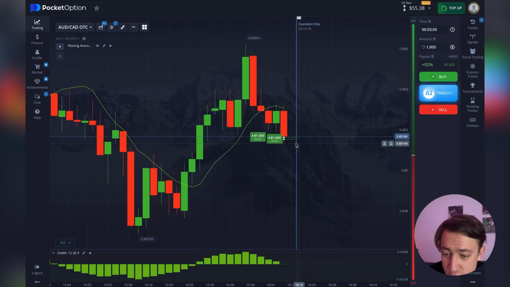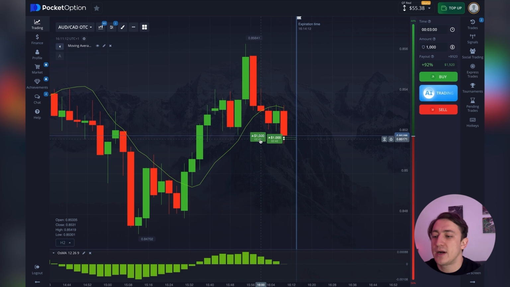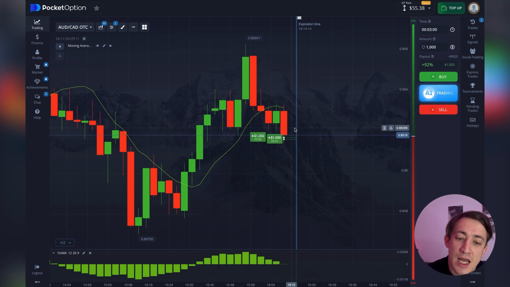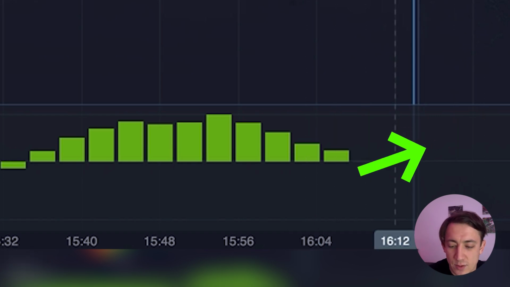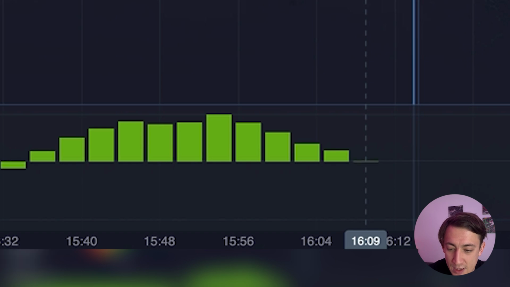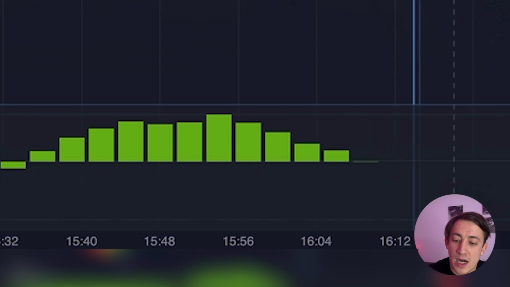So I entered an upper position, currency pair AUD OTC. And so what we can see is that the first indicator, OSI, shows us the green candle pointing to the upper zone, and that makes sense because I entered an upper position.